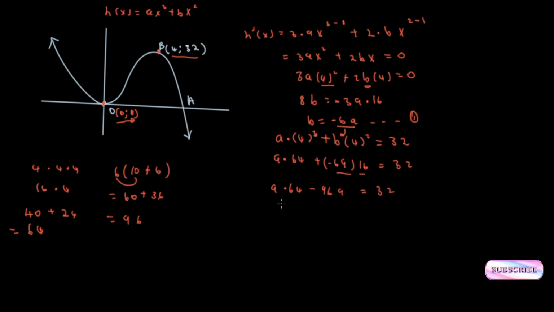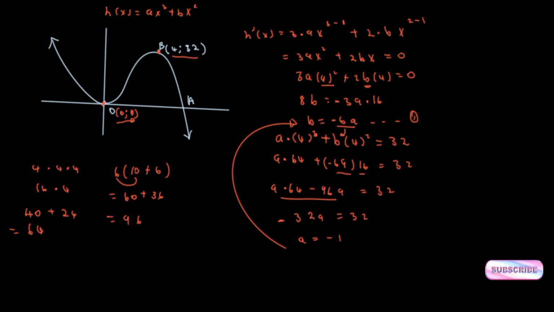Now let's deal with the like terms. This part will give you negative 32a equals 32, and then the value of a equals -1. Now to find the value of b, you substitute into equation 1.